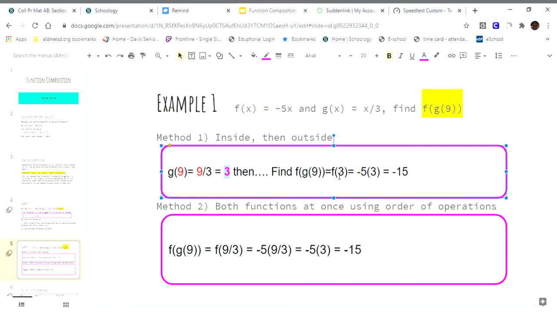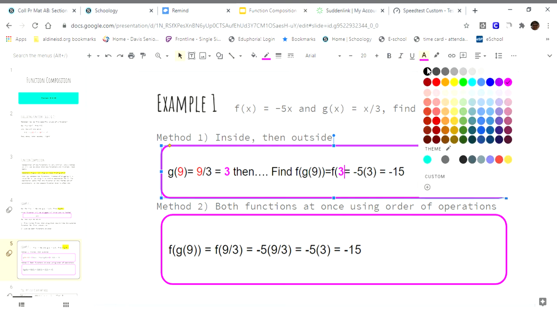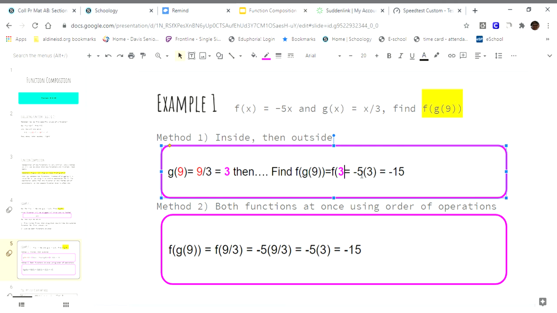Well, that means I'm in f of 3. Sorry, I'll get better at this too. Okay, so that just means multiply the negative 5 by 3. That's the value we plugged in. And that gives us our final correct answer, which is negative 15.